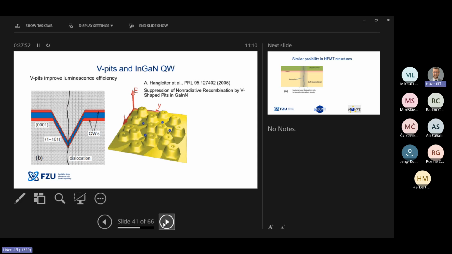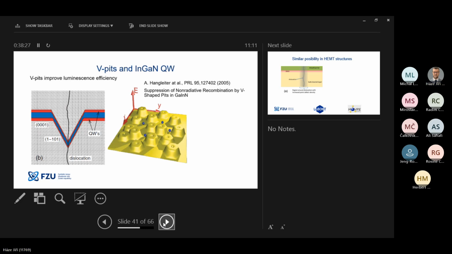There was a nice article about it by Hangleiter: if a quantum well is deposited on a flat surface, it is thicker, and on a V-pit surface it's thinner, so electrons are actually protected and cannot enter the region around this location, which is deteriorated, where you always have a lot of defects.